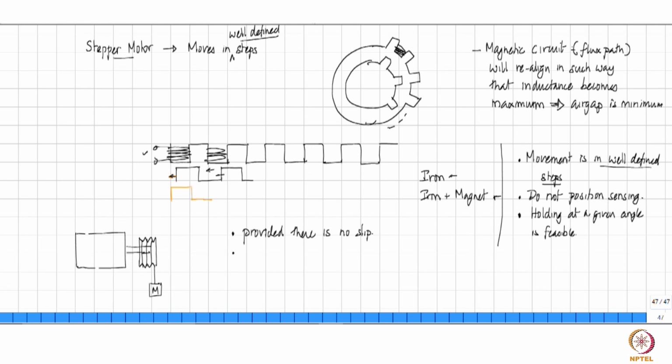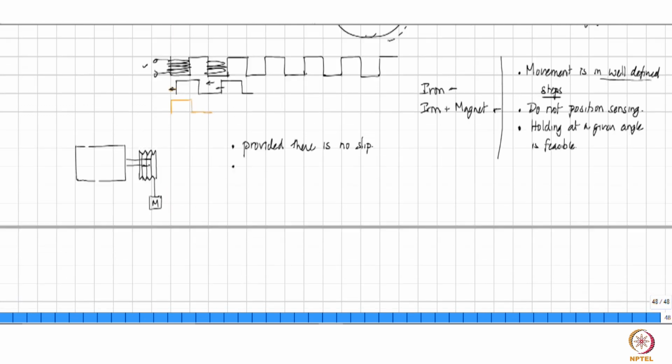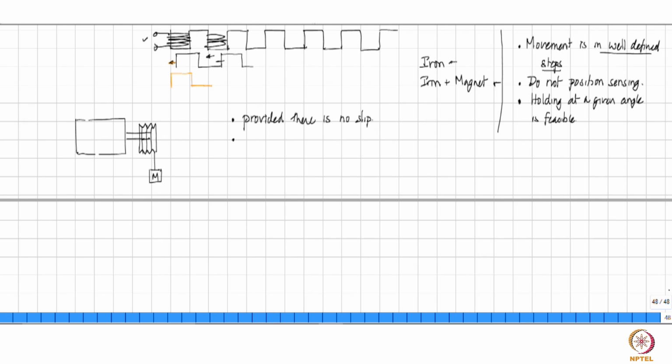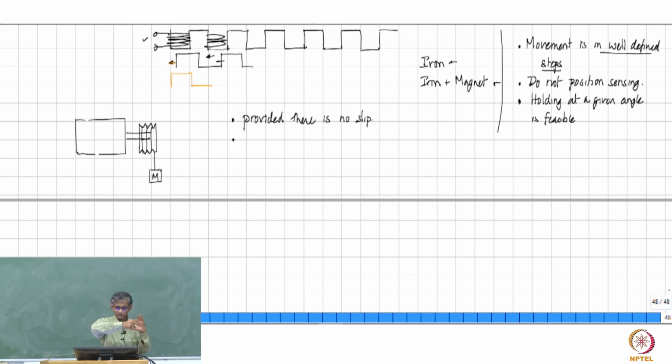Then if you want the rotor to move by a step, what you are actually saying is that you are going to energize something on the stator, and the rotor will then snap into the next location. And when the rotor is going to snap into that location, no mechanical system is an ideal mechanical system. Imagine if you want something to snap into location, it means that it must have a high acceleration and the velocity must then go to 0 exactly at that position, which is impossible, right?